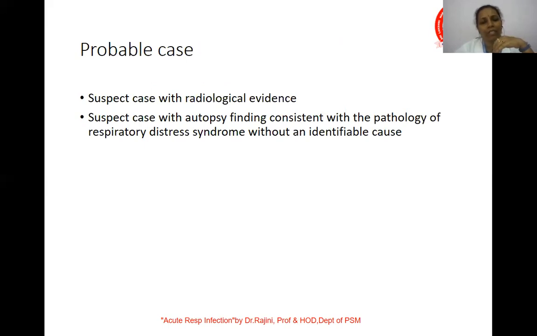If the patient dies and goes for autopsy and there is respiratory distress without any identifiable cause, then we can say it is a probable case of SARS. It has to be notified to the health authority, the area where the patient has been living has to be monitored, and everyone has to be health educated so that they follow all the precautions and control measures.